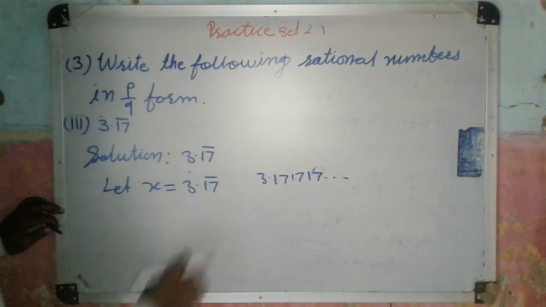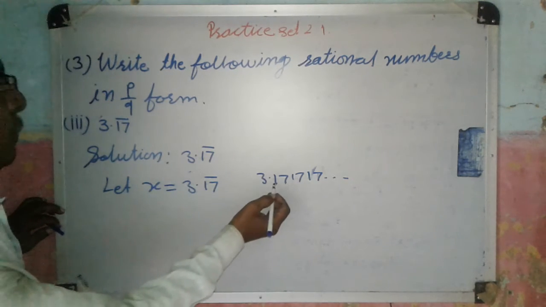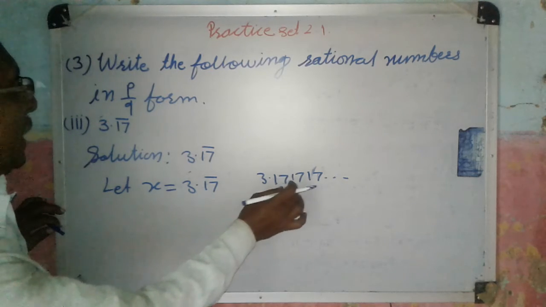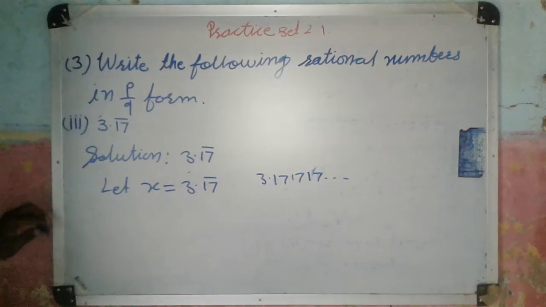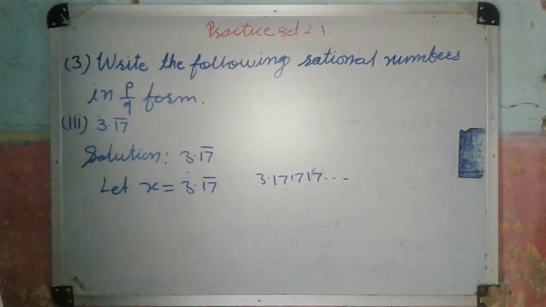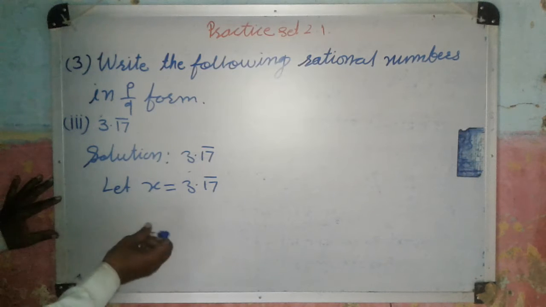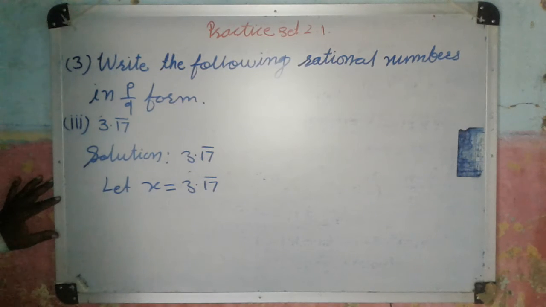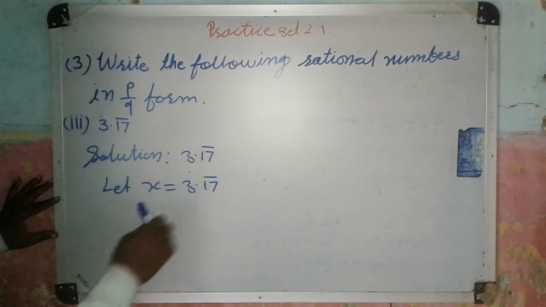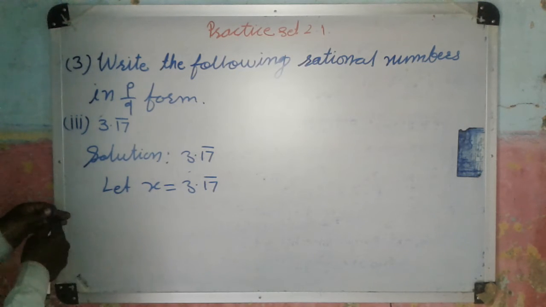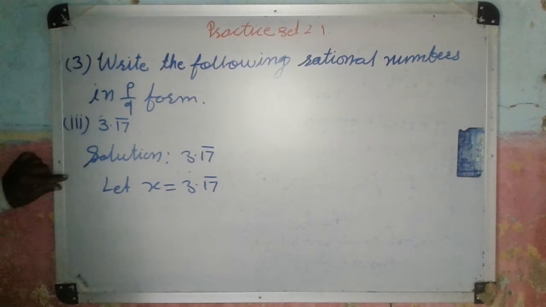That means here 1, 7, 1, 7, 1 and 7, these are recurring digits. So here 2 digits are recurring. Now here 2 digits are recurring, therefore multiply both the sides by 100.